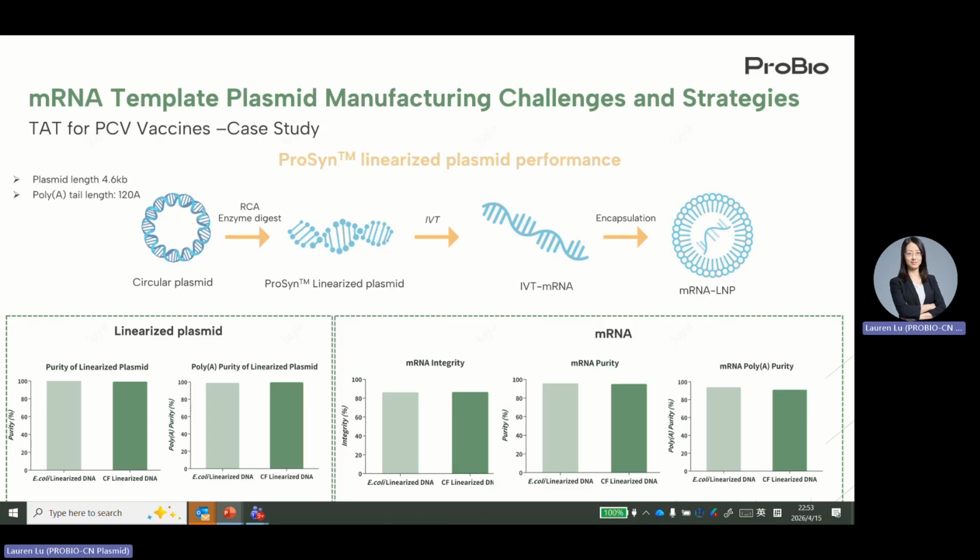Regarding the IVT mRNA quality, they are also comparable in these critical quality attributes, for example, integrity and purity of the mRNA. So this demonstrates the robustness of the ProSyn platform for rapid, high-quality mRNA template production, addressing the manufacturing challenge of PCV vaccines.